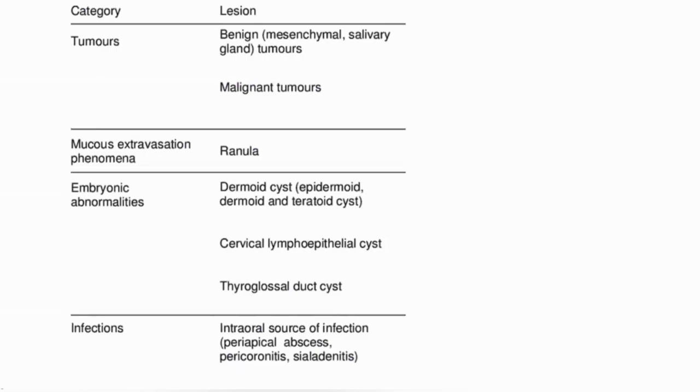Malignant tumors we already talked about: it can be adenocarcinomas, adenoid cystic carcinoma of the salivary gland, or mucoepidermoid carcinomas. Because this is the floor of mouth, there's no epithelium there, so there will not be squamous cell carcinoma in this particular area. And then other lesions of the floor of mouth are ranulas, epidermoid cysts, dermoid cysts.